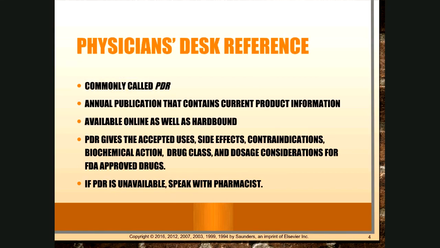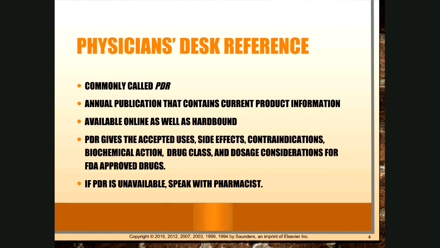They also talk on page 255 about a resource that physicians use called the Physician's Desk Reference, or the PDR. And the PDR can be found in print, or it also is available online.